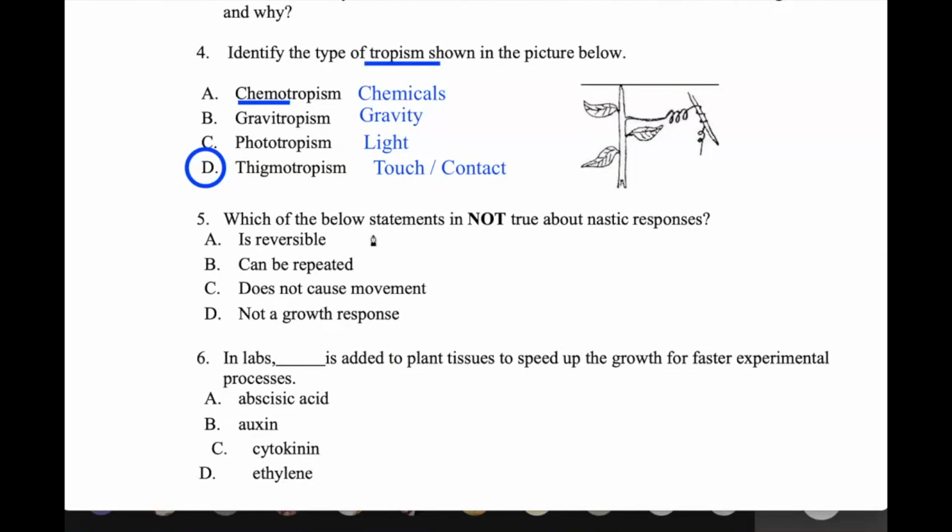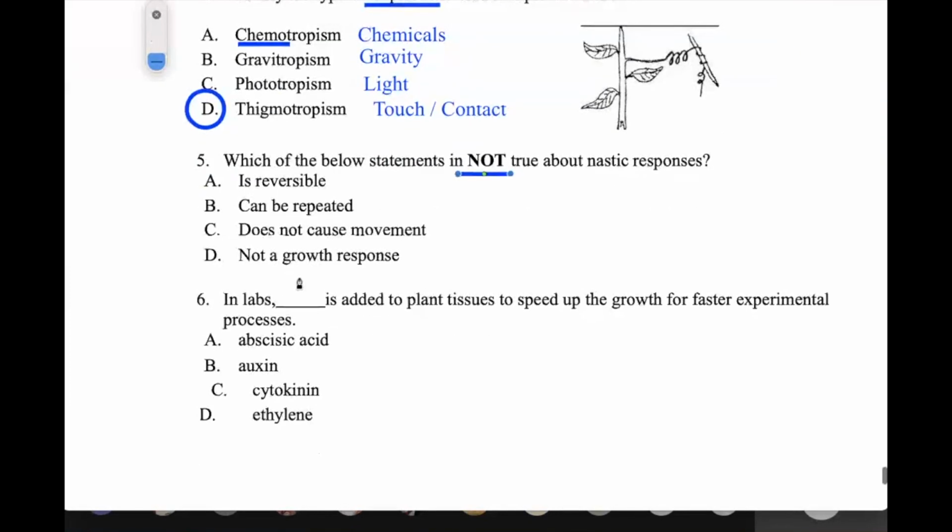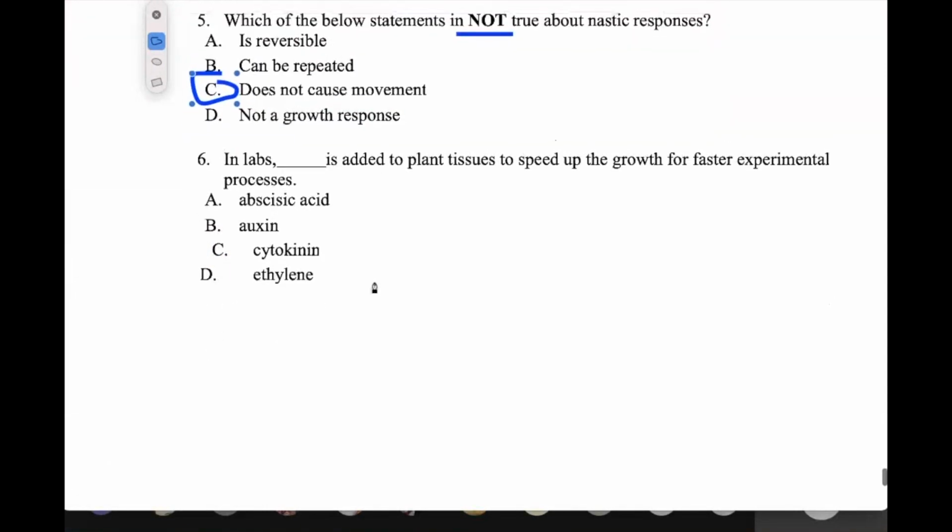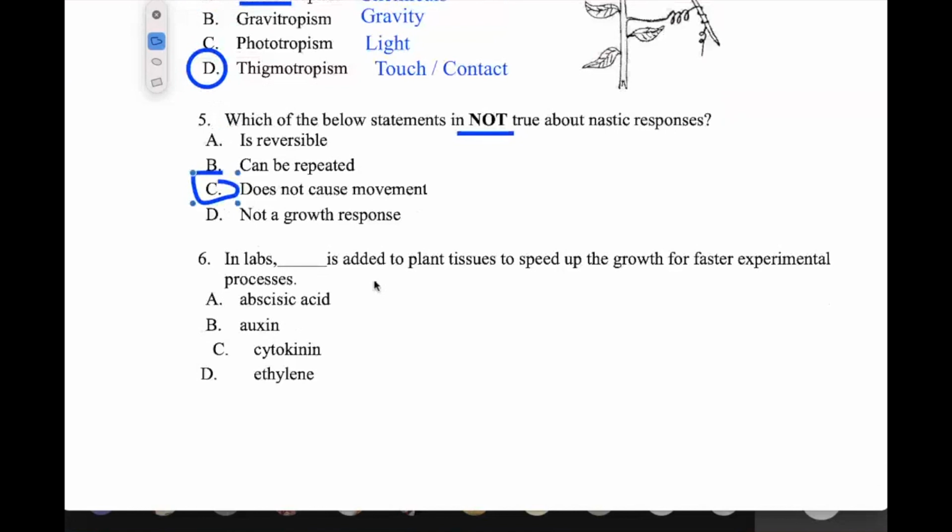Very good. Which of the below is not true about nastic? Does not cause movement. So it means that nastic movements are reversible and can be repeated. What is nastic? Nastic is another type of plant response.